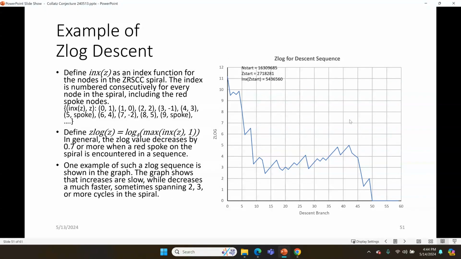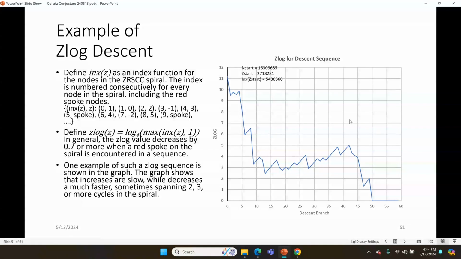And that decreases rather quickly till it gets down to around a z-log value of 3 or so. And then from 3 it starts to steadily increase till it gets up to 5. And then from there it decreases quickly, the same as it did in the previous chart. So it gets down to 0 by the time it gets out to click number 50.